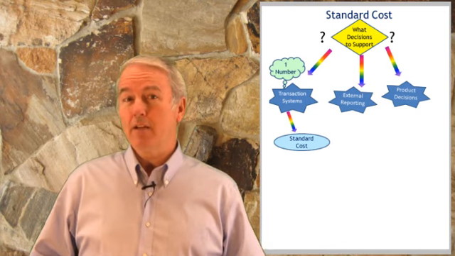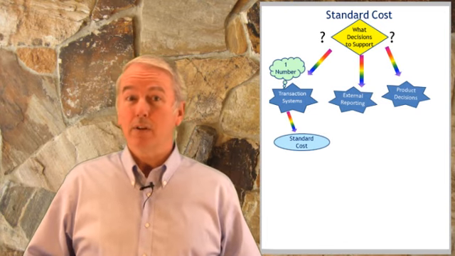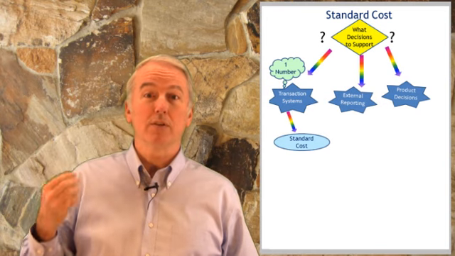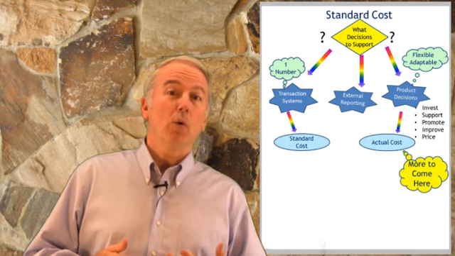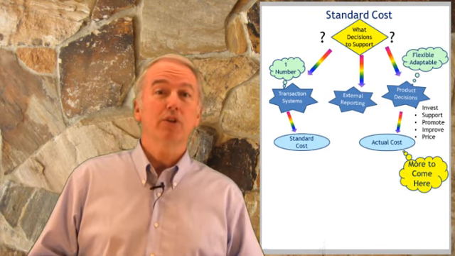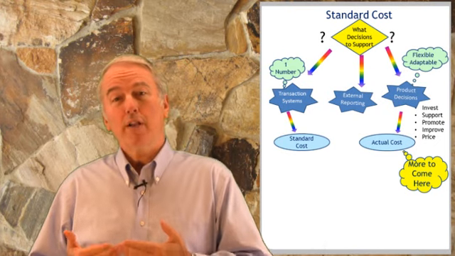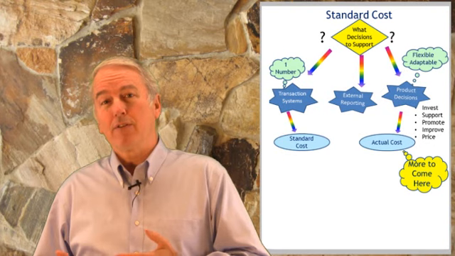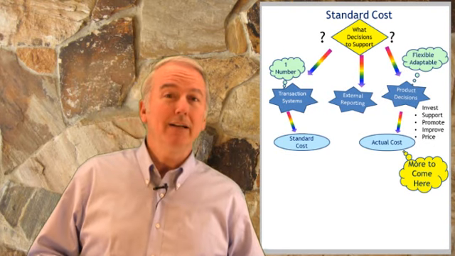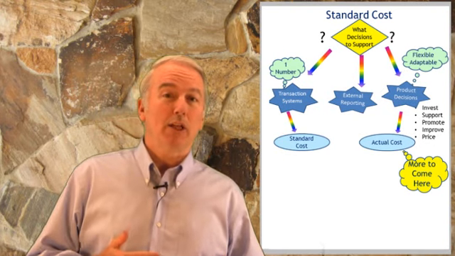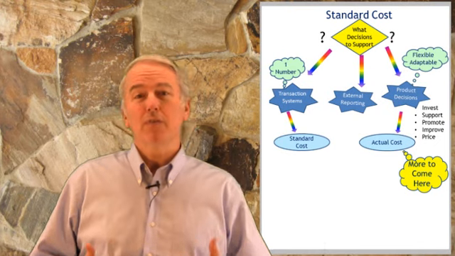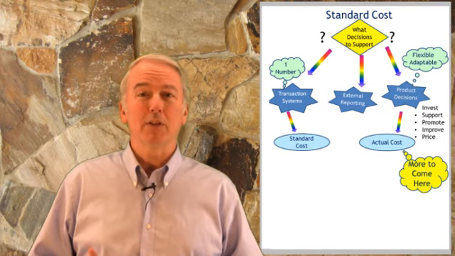So now let's take the most valuable category next, that of supporting product decisions. Here we're looking for cost support for decisions on product investments, product promotions, product improvement, pricing decisions, and so on. Ideally, we'll be using an actual cost, but cost for decision support has many dimensions.